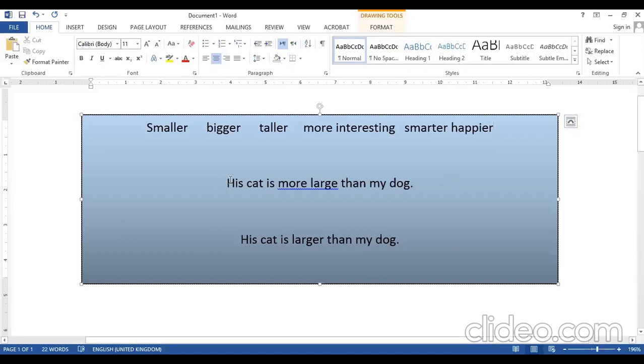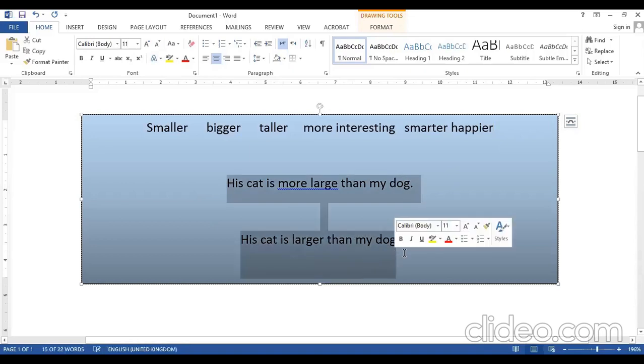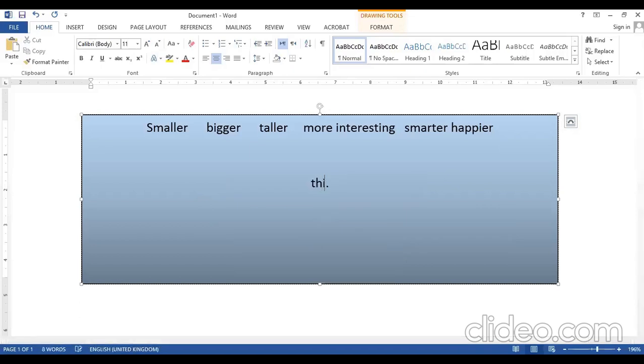Let us see these examples. For example, this house is more exciting than yours.